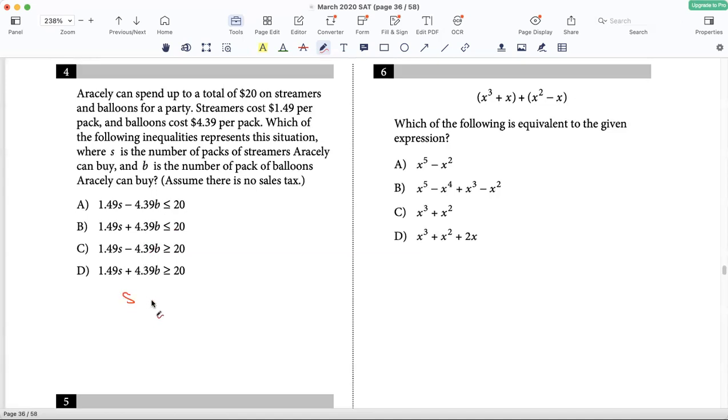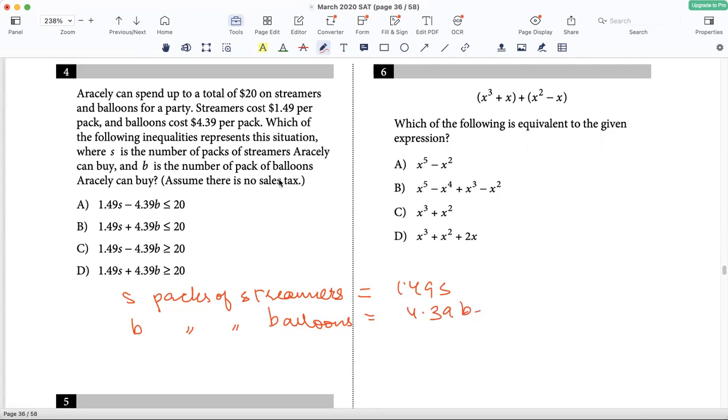So if there are S packs of streamers, then the cost of these would be 1.49S. And for B packs of balloons, the cost would be 4.39B, right?